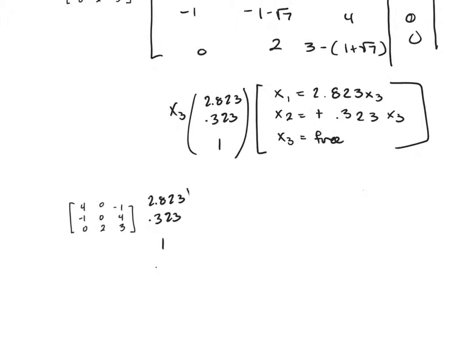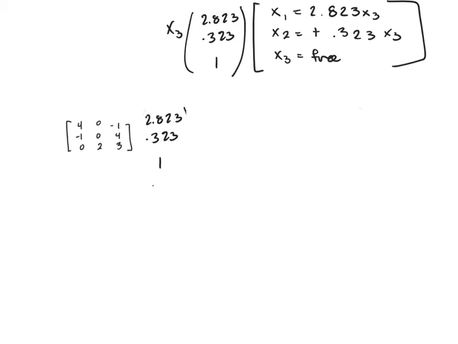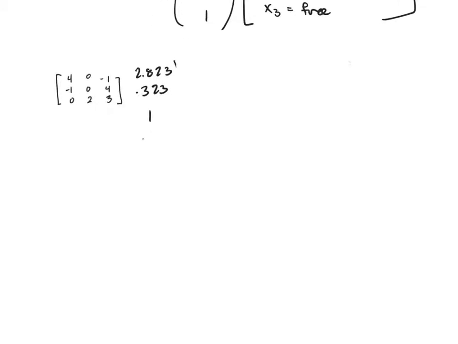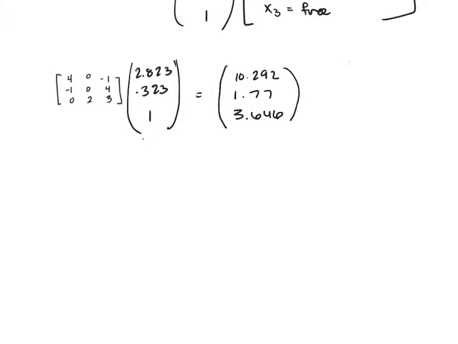So I got that drawn in. And I multiplied those together. And I ended up with this nasty thing, 10.292, 1.177, and 3.646. So that's what I get when I multiply A and x together.